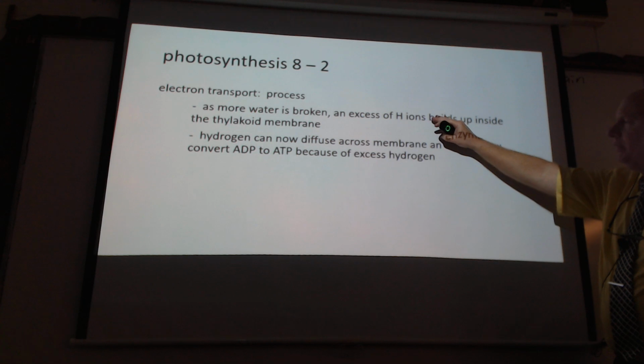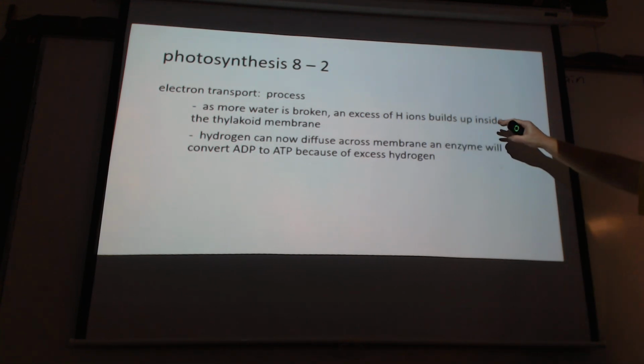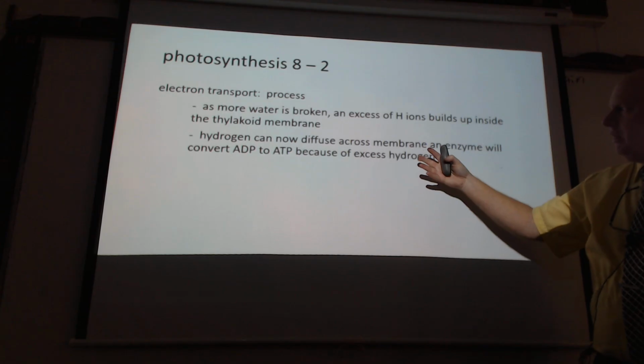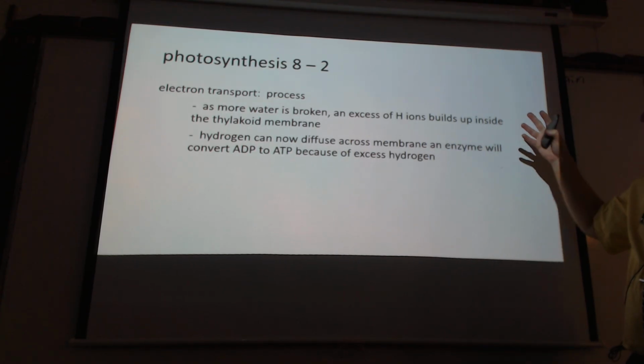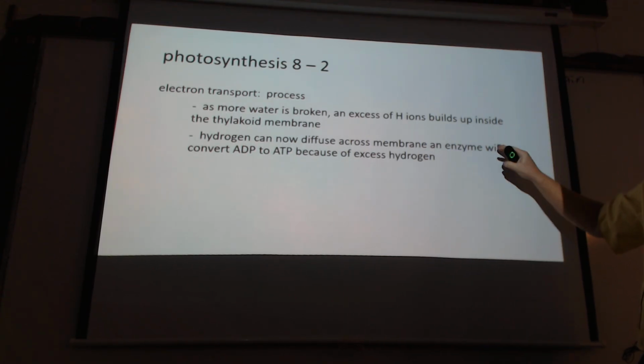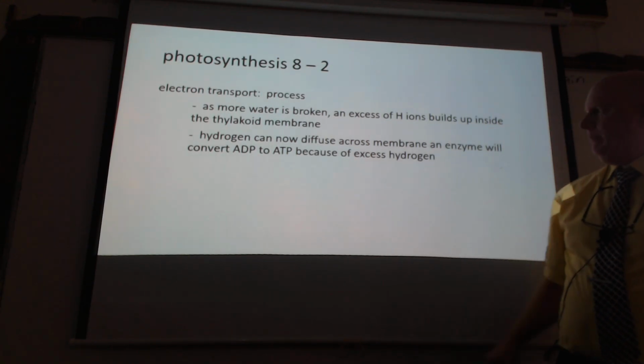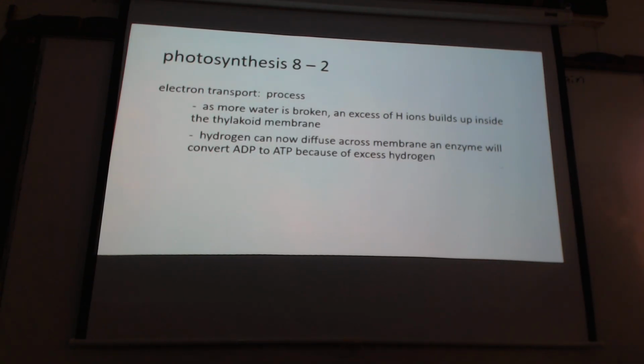It builds up inside the thylakoid membrane. Hydrogen can now diffuse because there's a concentration gradient across the membrane. This enzyme will convert ADP to ATP. Okay? So that is how plants get energy from photosynthesis.